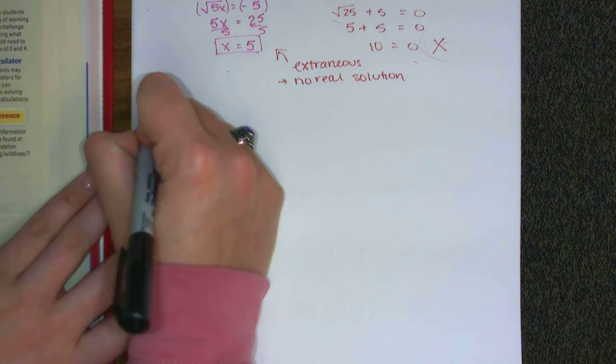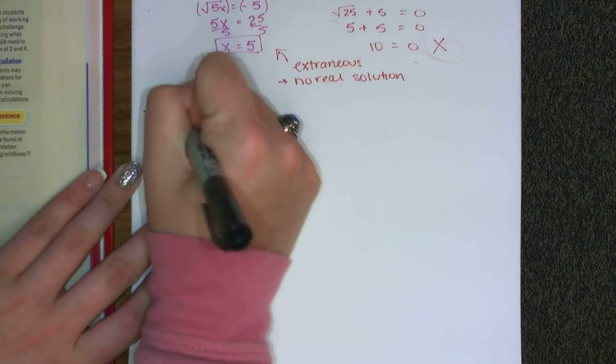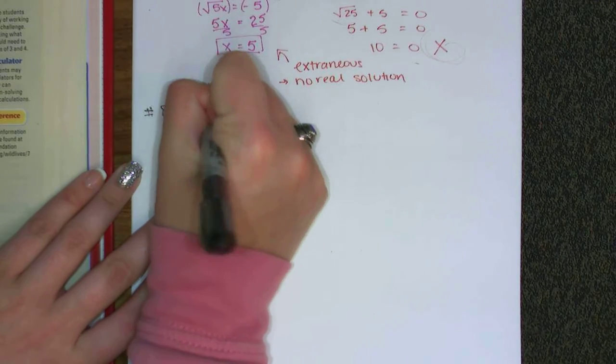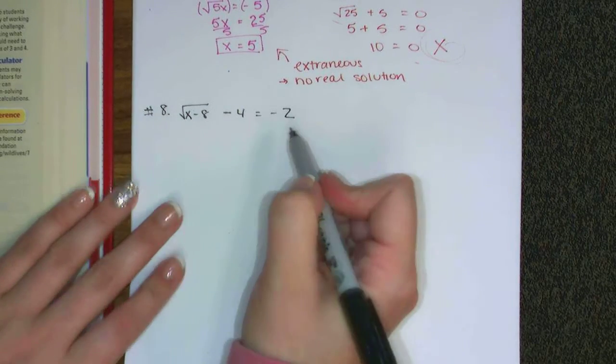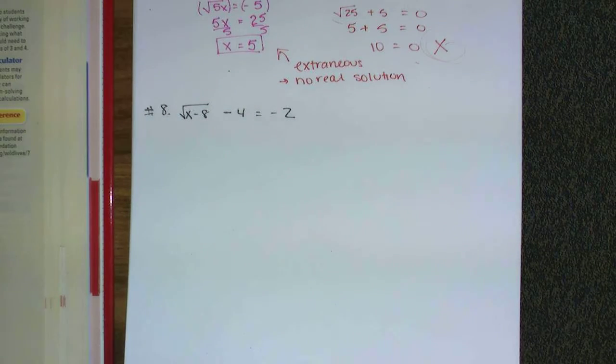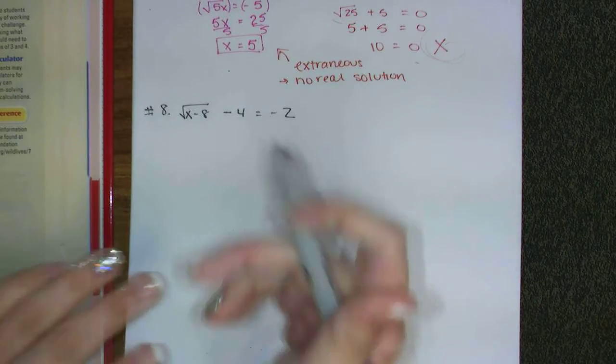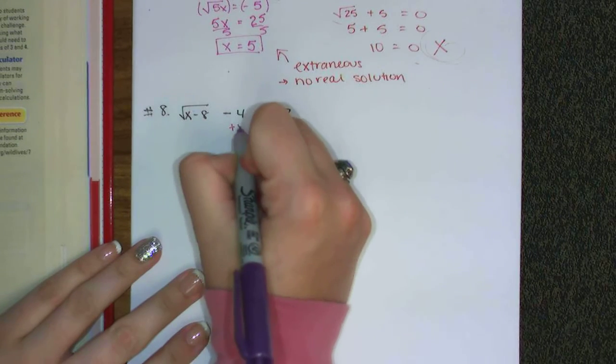Trying to give you guys as many examples as possible here. So the square root of x minus 8 minus 4 is equal to negative 2. So now this doesn't have a 0 on this side, which is fine. That really doesn't matter. So undo what's being done to it in reverse order. First thing I need to do is add this 4 over.